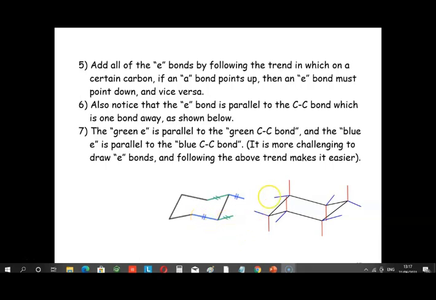When we draw a cyclohexane structure and want to show the axial and equatorial bonds, drawing the equatorial bonds is more challenging compared to drawing the axial bonds. So if we follow this trend, it becomes easier to draw the equatorial bonds as well.